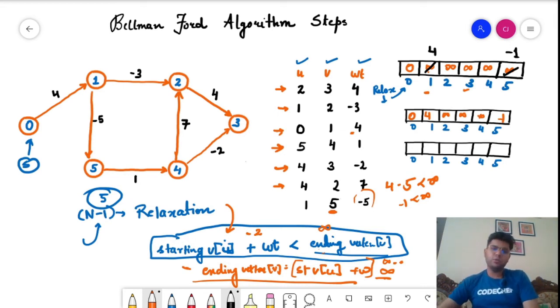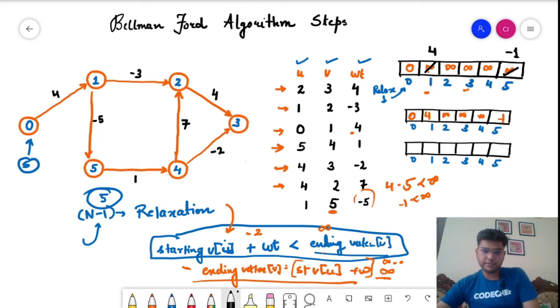The way we do the relaxation is the same process. We'll start with the beginning of this edge, 2, 3. Infinite plus 4 is less than 3, no, we'll not update it. 1 and 2: for 1, we have the weight 4, and 4 plus minus 3 is 1. Is 1 less than the weight of 2, that is infinite?